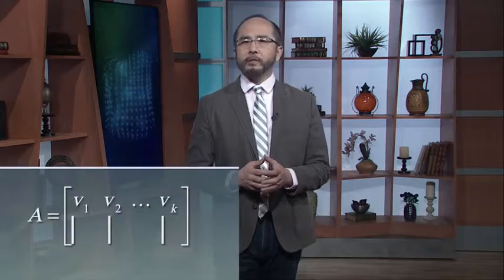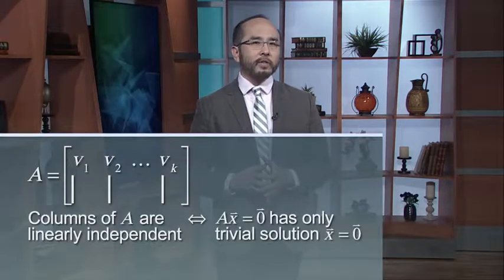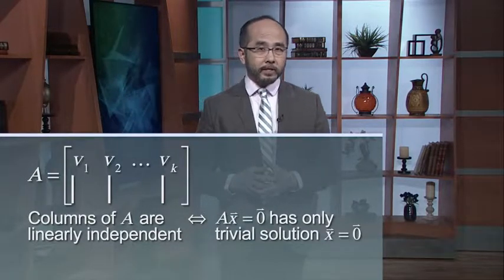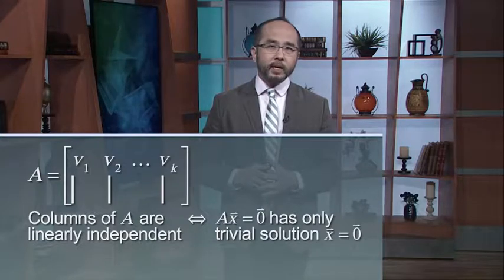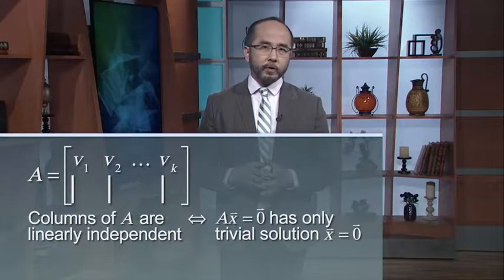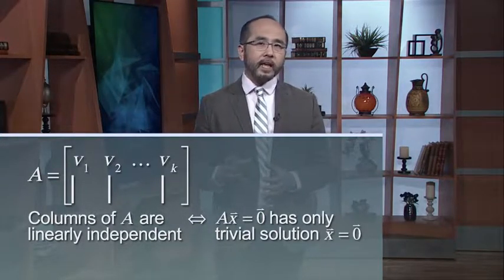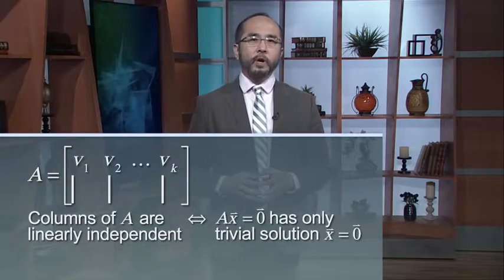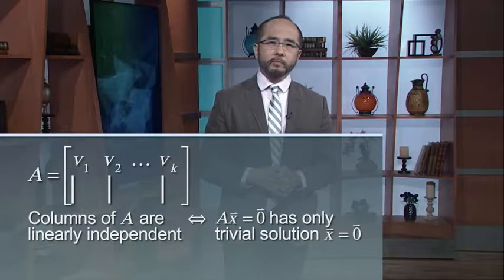By the fundamental correspondence between vector equations and linear equations, this is just a statement about a system of linear equations. If you put a set of vectors in the columns of a matrix A, then to say the columns are linearly independent means the only way to get the 0 vector as a linear combination of the columns is if all coefficients are 0. In other words, Ax equals 0 has only the trivial solution, where all coefficients are 0.